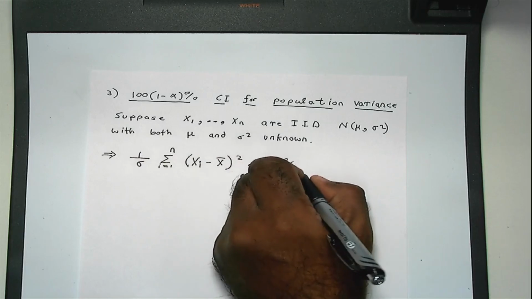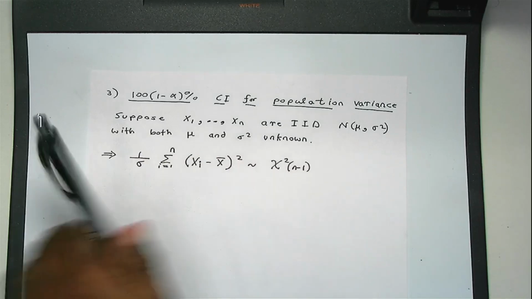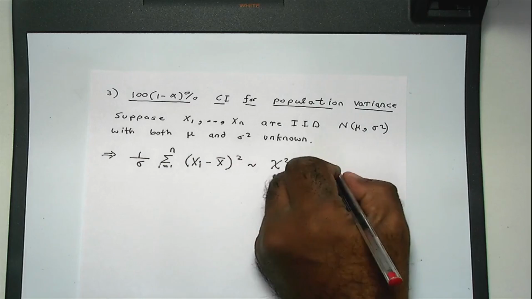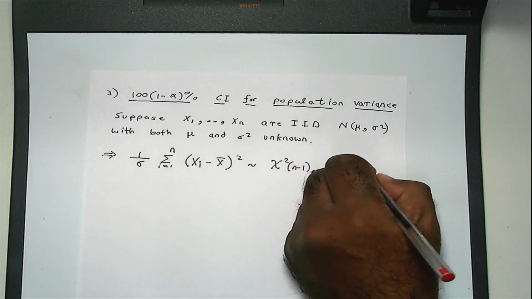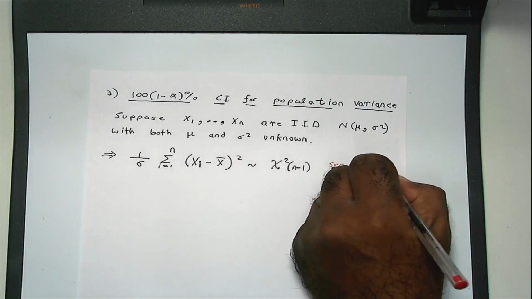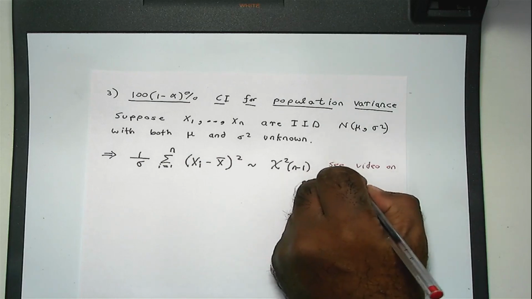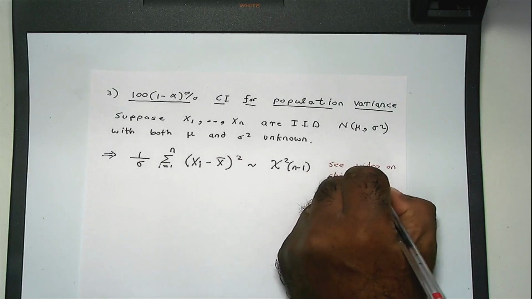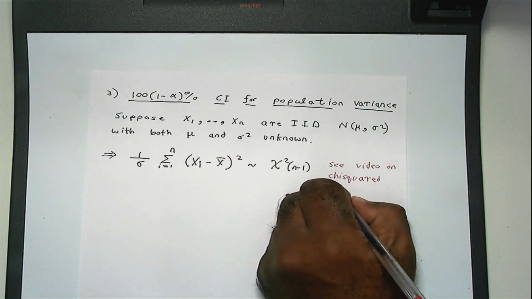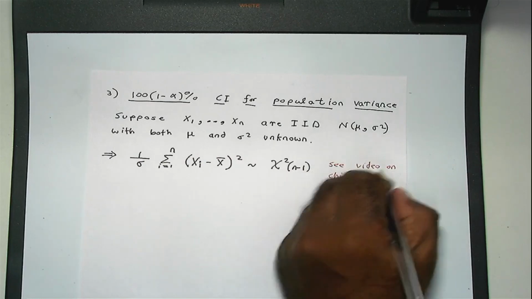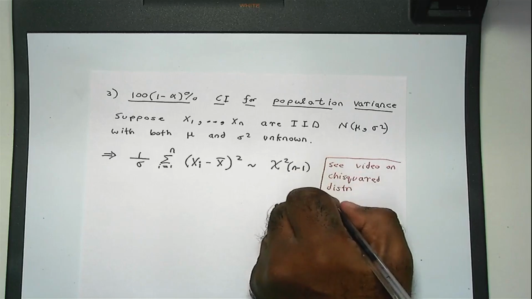If you look at the video on chi-squared distribution, you will see this result as one of the properties I mentioned.